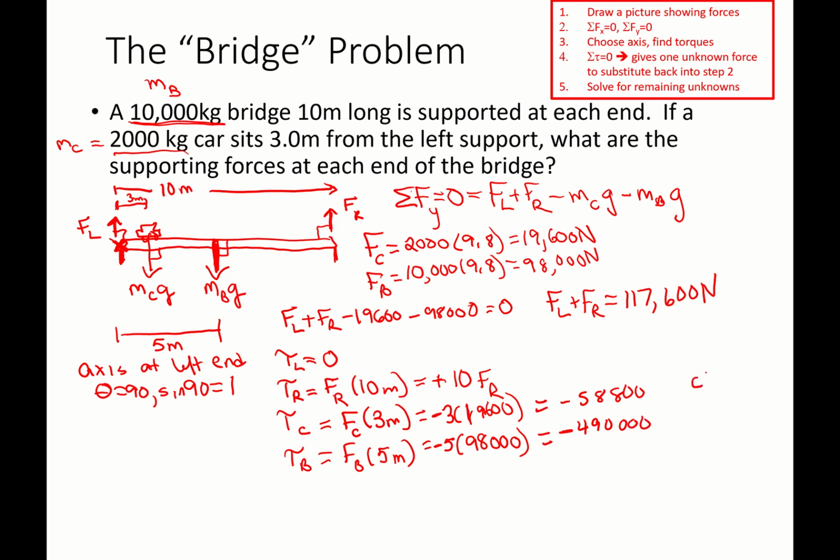And again, remember those are negative because they're clockwise. All right, so if I add those all up, they have to add up to 0. So the sum of the torques is equal to 0.